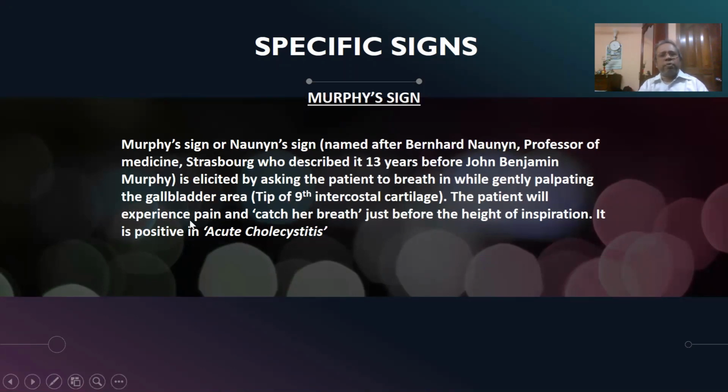The patient will experience pain and catch her breath. When the patient feels more pain, at that time the patient holds the breath. So it is called catching the breath just before the height of inspiration.